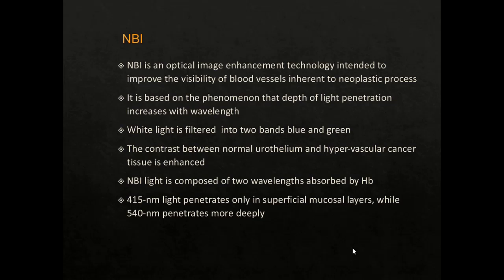Narrowband imaging light is composed of two wavelengths, blue and green, absorbed by the hemoglobin. 415 nanometer light penetrates only the superficial mucosal layer, highlighting the capillary network, while 540 nanometer penetrates more deeply.